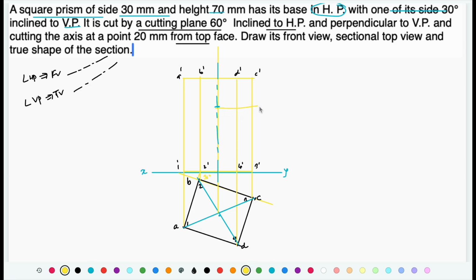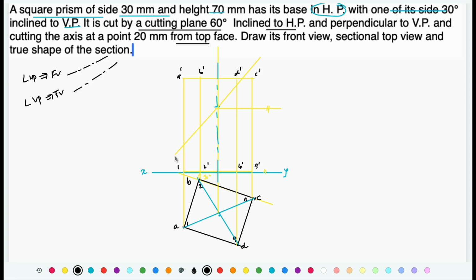Over here draw one reference line parallel to XY and from here draw one line which is inclined at 60-degree. Okay, let me correct that one. So this is the cutting plane.